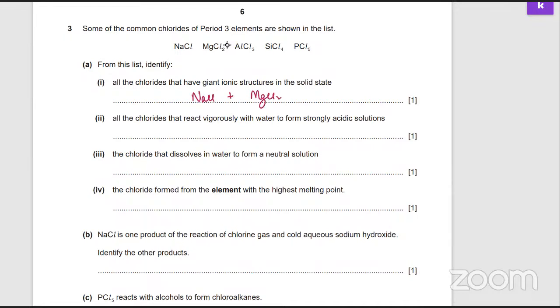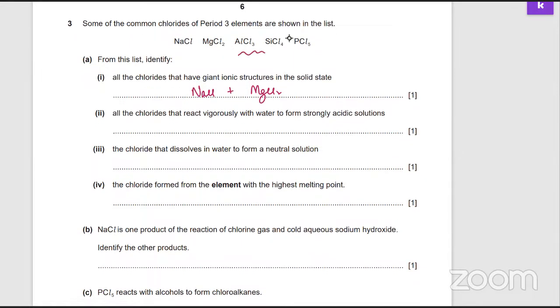All the chlorides that react vigorously with water to form strongly acidic solutions. Sir, PCl5 or AlCl3. All these three. Sir, doesn't SiCl4 form a weakly acidic solution? No, strongly acidic.